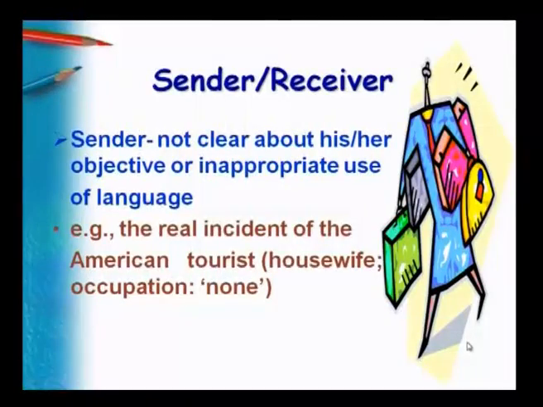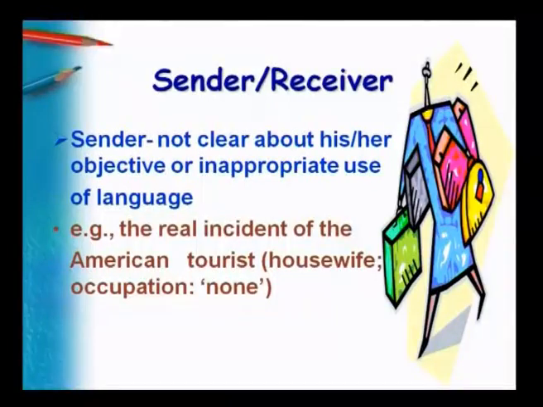Look at another interesting example that happened between sender and receiver. This example is to illustrate to you that even when the language is common, misunderstandings can happen, miscommunication can take place. How?